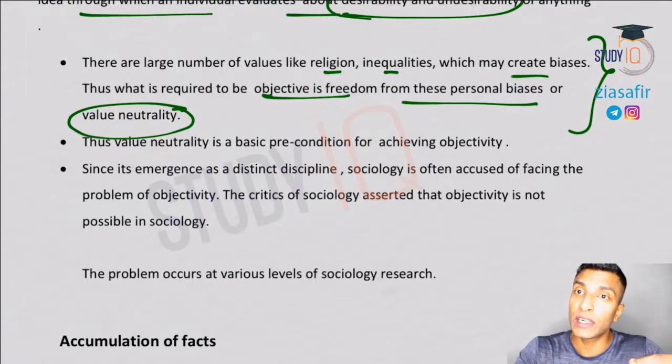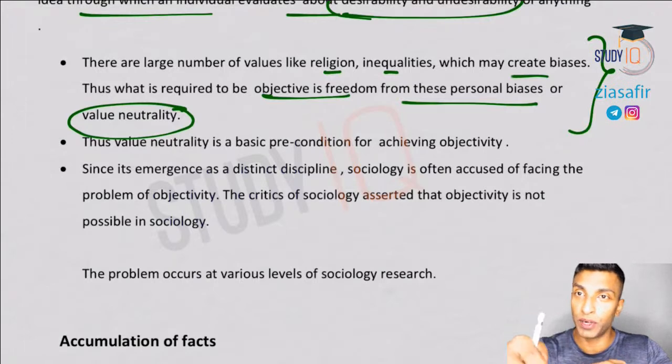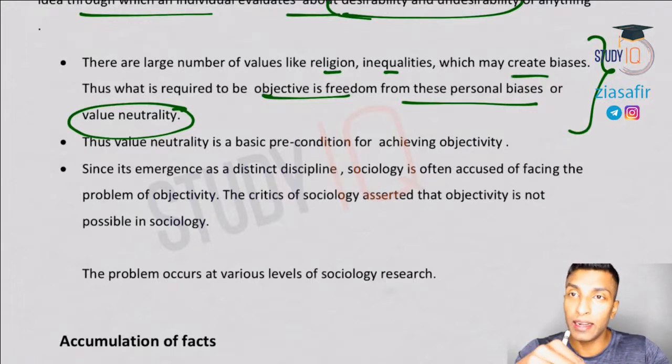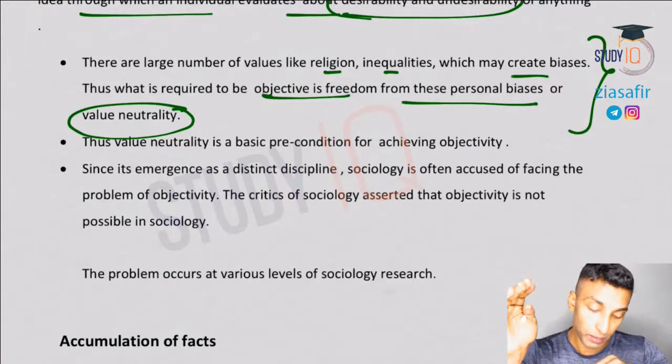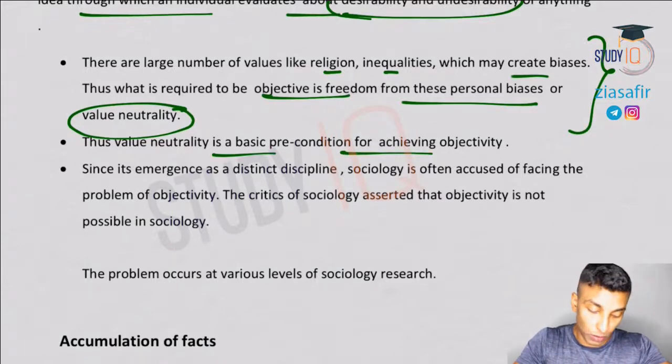I'm taking you from scratch to a slightly higher level. If you're an expert watching this video, you already know what I mean. If you are a beginner, don't worry, I'll discuss it in detail when we discuss Weber. So value neutrality is a basic precondition for achieving objectivity.